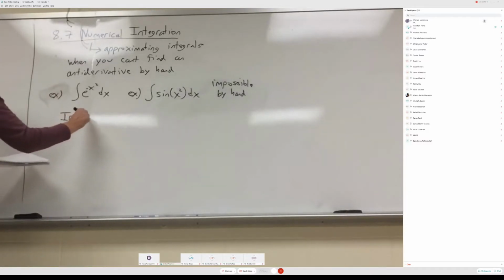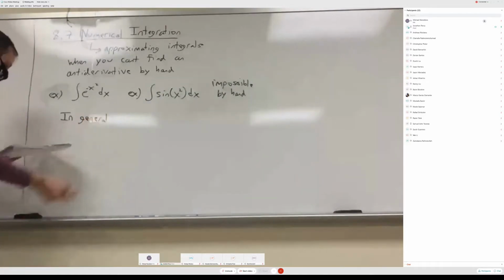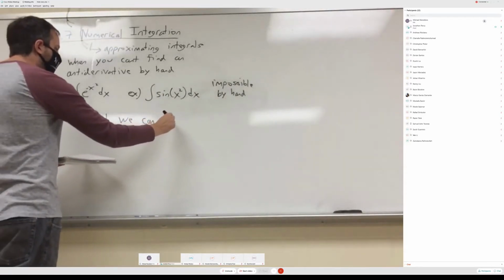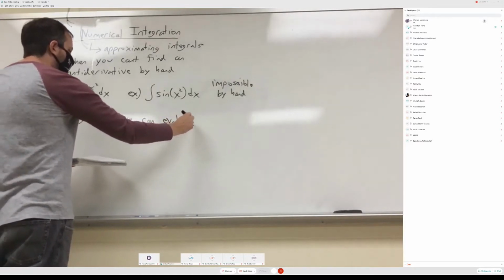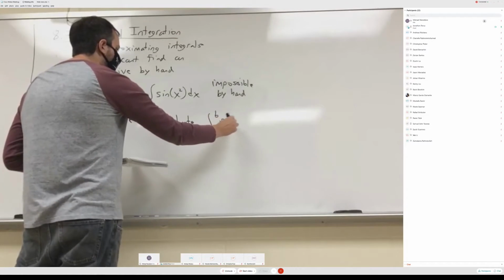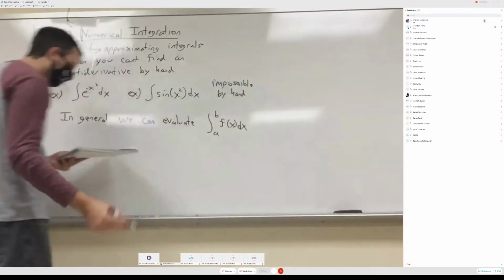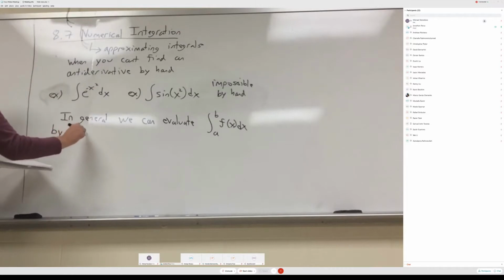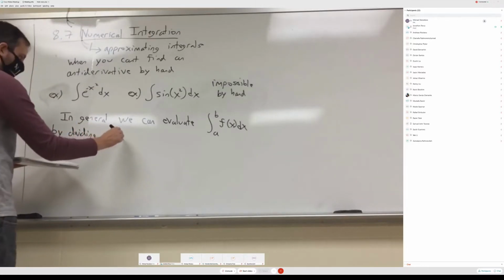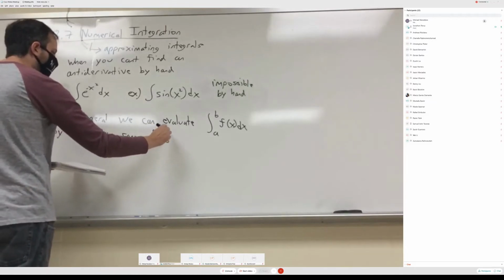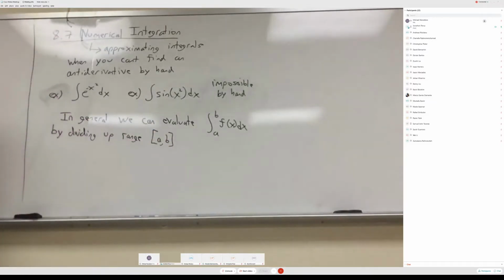Here's what in general that would look like from a calculus perspective. So in general, you can evaluate a definite integral, say the integral from a to b of f(x) dx, by doing just what I said. I'm going to divide up the range, which, if it's an integral from a to b, the range on which we're finding the area under the curve is from a to b.